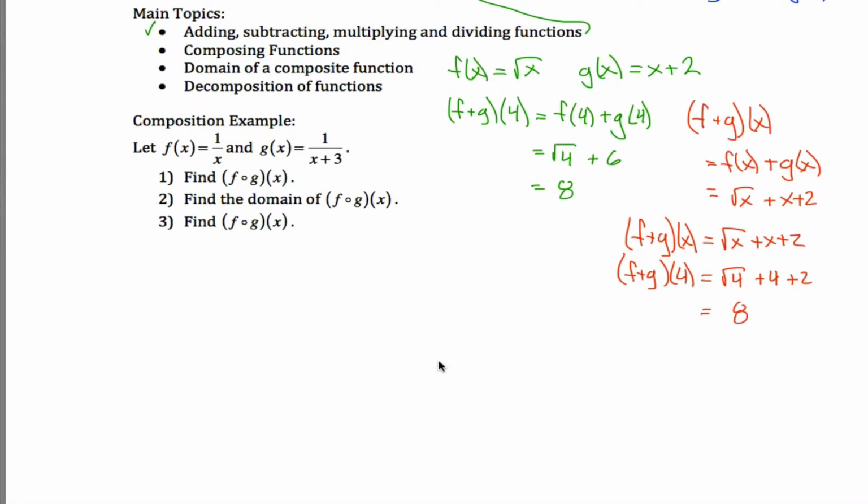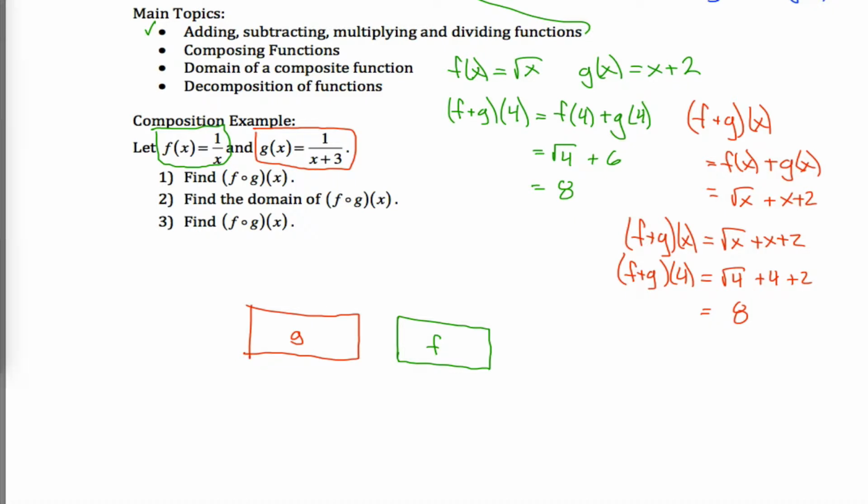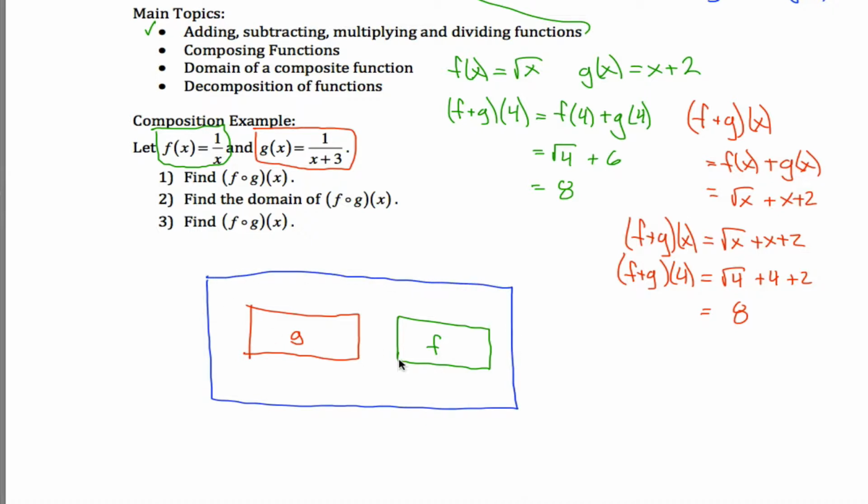So let me draw you a picture of what's going on here. I have 2 building block functions, f of x and g of x. And what I'm doing is I'm taking this machine here, maybe in red, and I'm taking this machine here, maybe in green, and I'm creating a new function, which I'm going to draw in blue right here, using those two pieces.